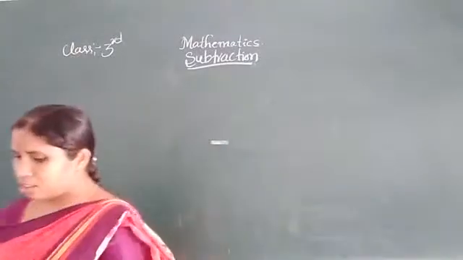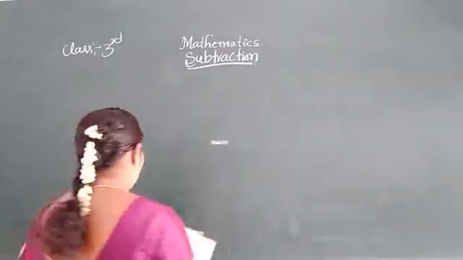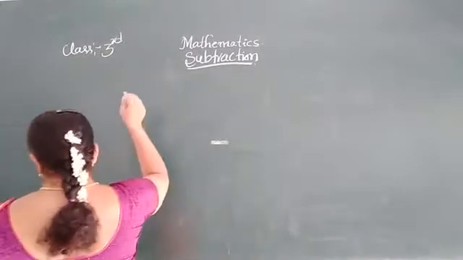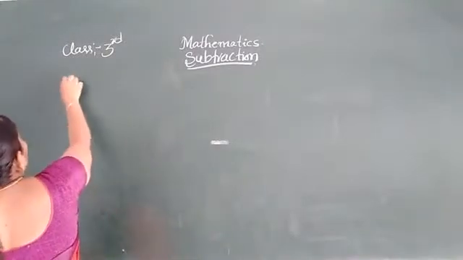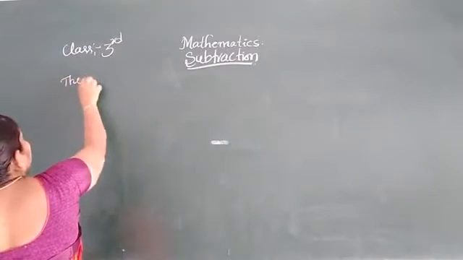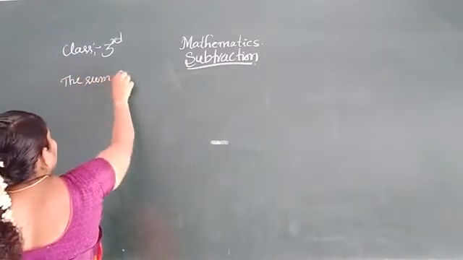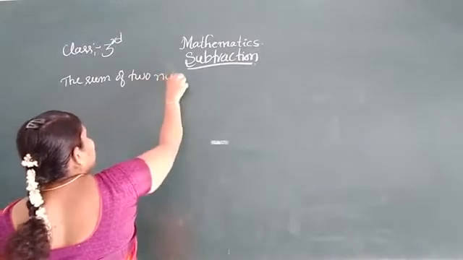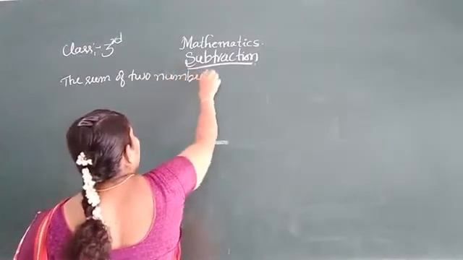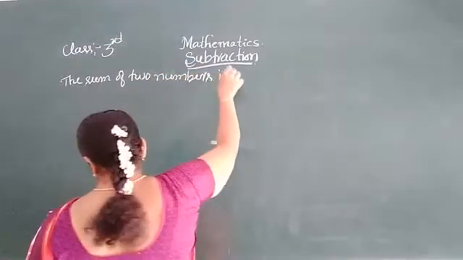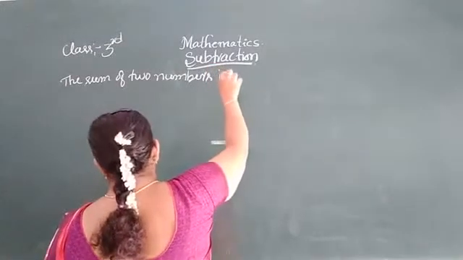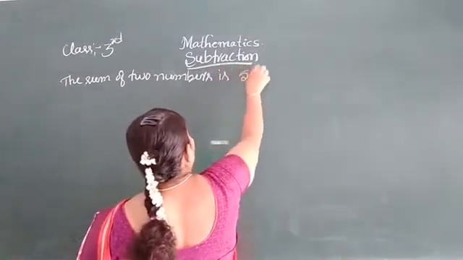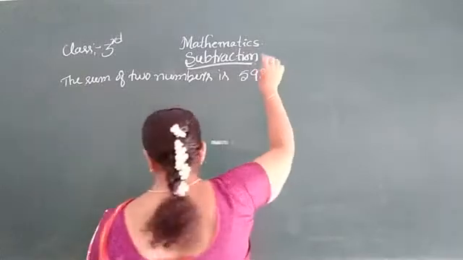So next problem. The sum of two numbers is 598.